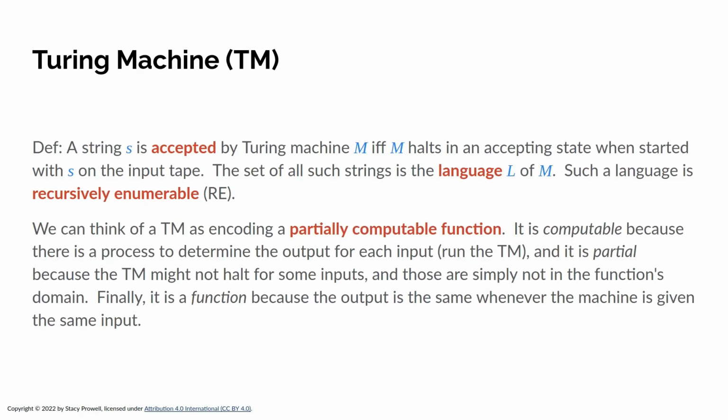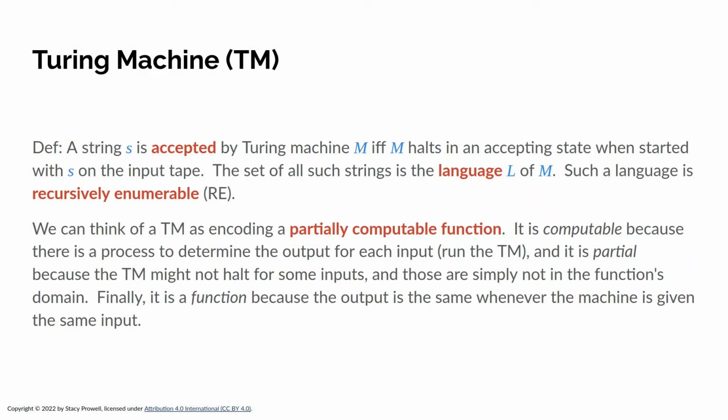A string is accepted if when you put that on the input tape of the Turing machine and you run it, the Turing machine halts in an accepting state. You've got to remember all your Turing machine stuff now. The set of all the strings for which the Turing machine halts in an accepting state is called the language of M. And we say those are recursively enumerable for technical reasons I don't want to get into.